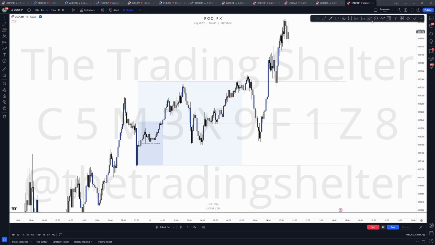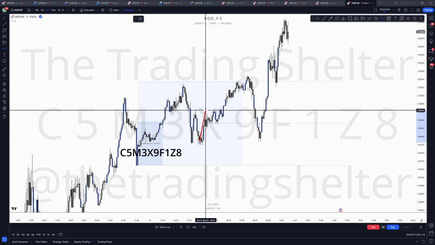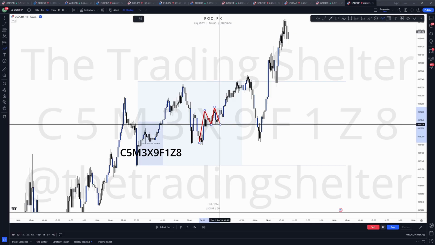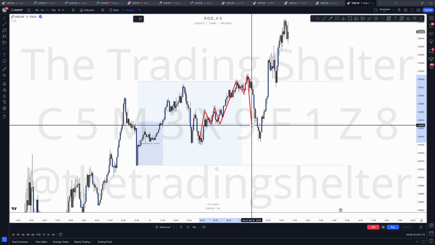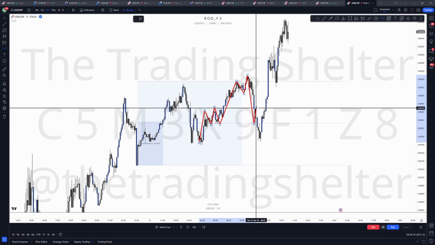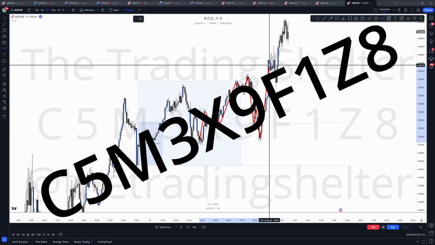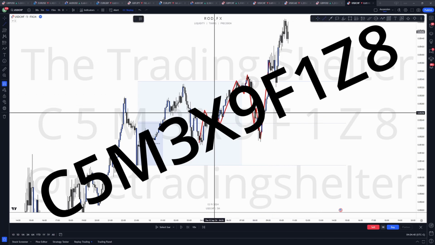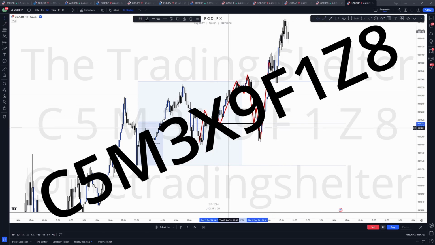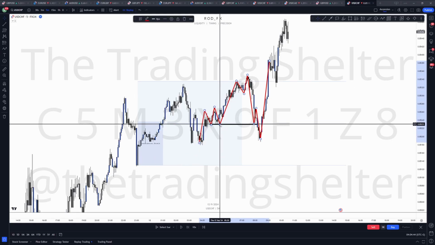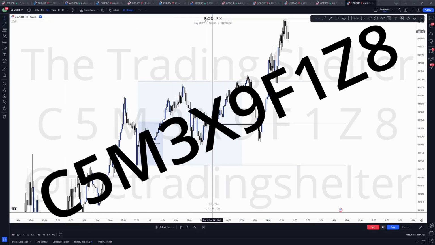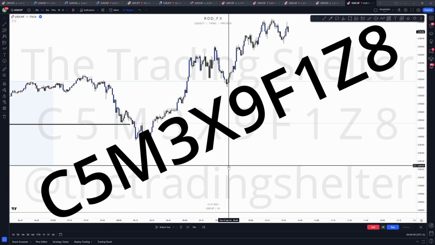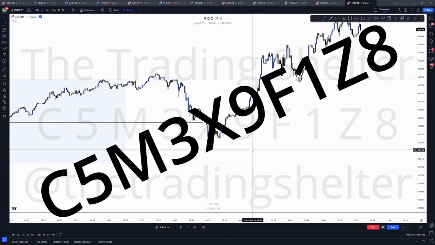This is where the internal structure comes into place, right? Maybe this one here, here. And we just see you have that reaction, and with speed, SMT. And this is why I use the internal false break of structure, because it provides a little bit more details. More details equals more confirmation, right?